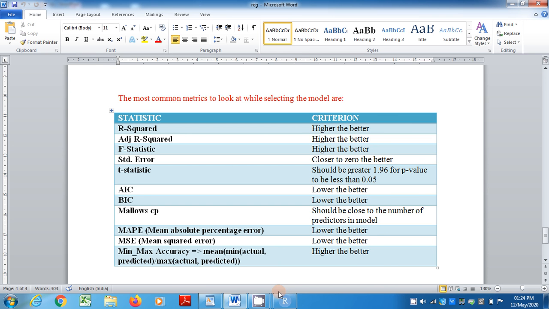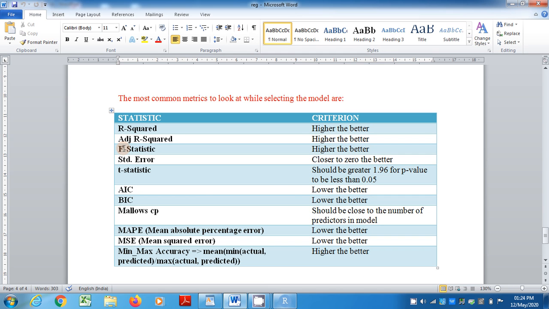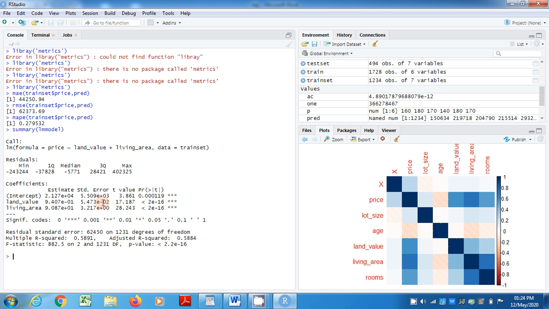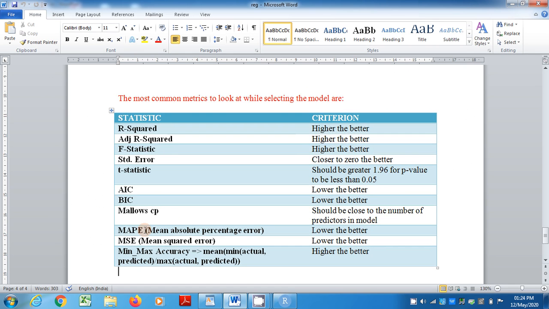After removing, we got 882.5, right? And you can see that standard error, closer to 0 the better. You can see standard error here, closer to 0 is better. And MAPE means mean absolute percentage error, lower the better, 27%.